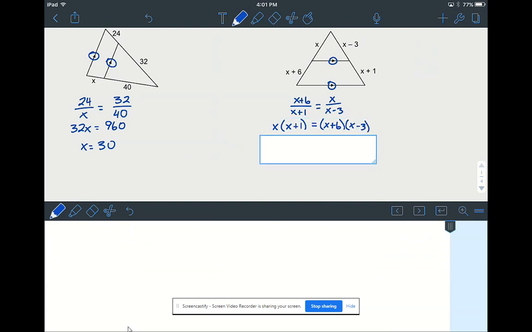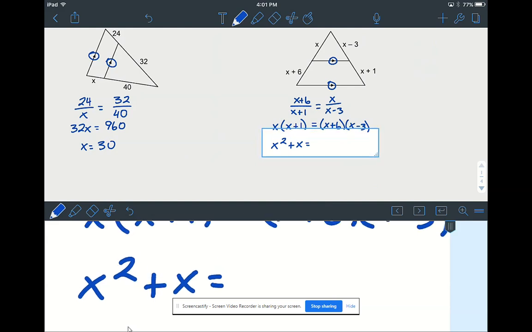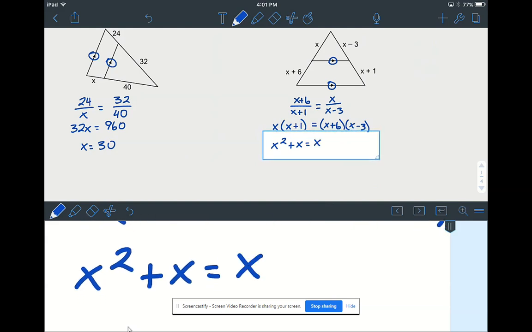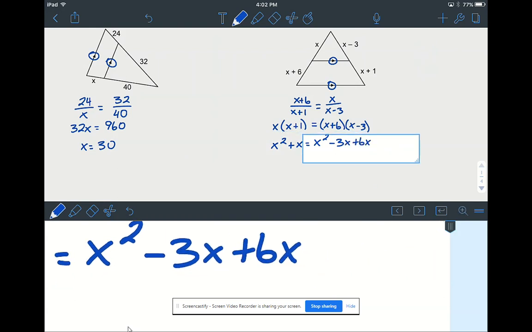And then we're going to distribute and FOIL. So that would give us x squared plus x equals, then FOIL the right side. So first, it's going to give us x squared, outside, negative 3x, inside, plus 6x, and last, minus 18.